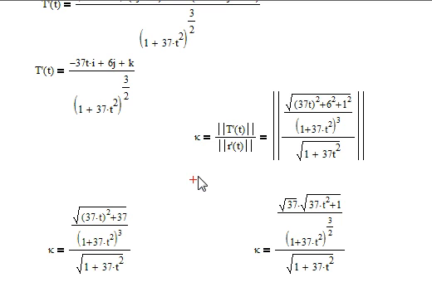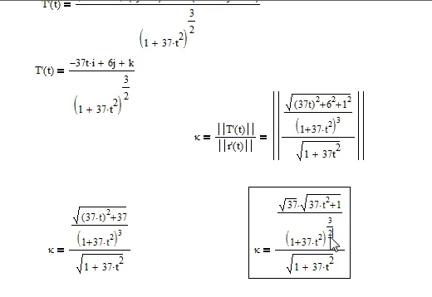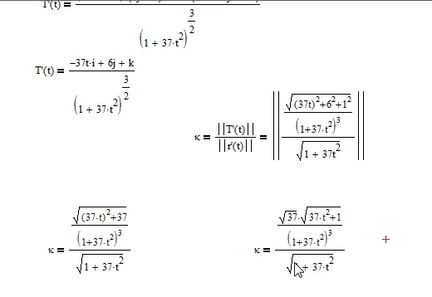So if I divide by this, square root of 1 plus 37t squared, oh, I gotta get rid of this one here too. I guess what I'm doing is making this to the 7/2, right?